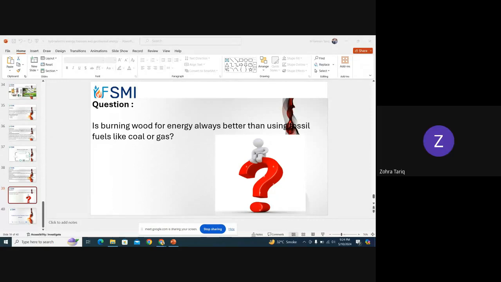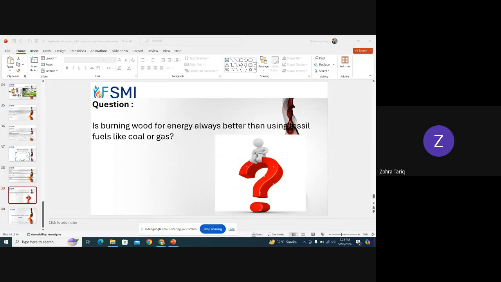Yes. Not always, because burning wood can be a good choice, but only if it's done sustainably. Imagine you are cutting down trees for firewood. If you plant new trees to replace the ones you cut, that's good. The new trees will eventually absorb the carbon dioxide released when you burn the old ones.